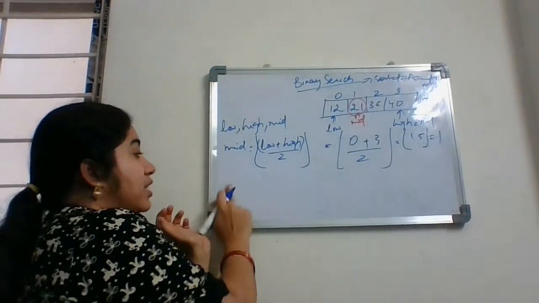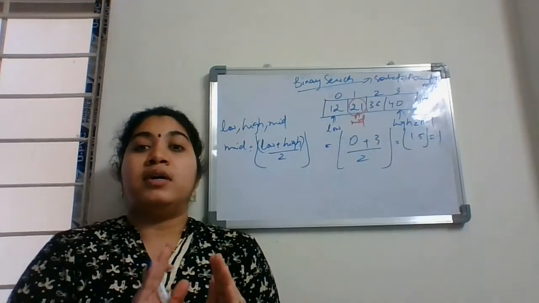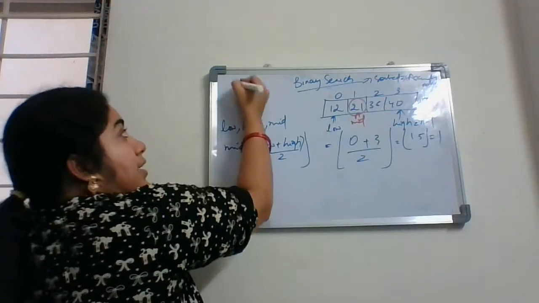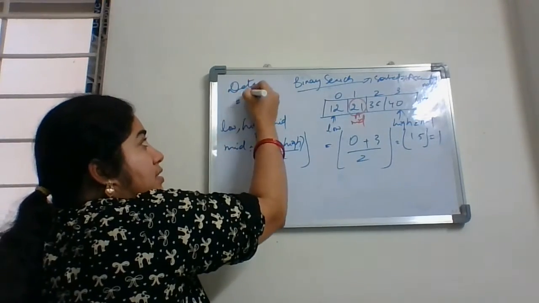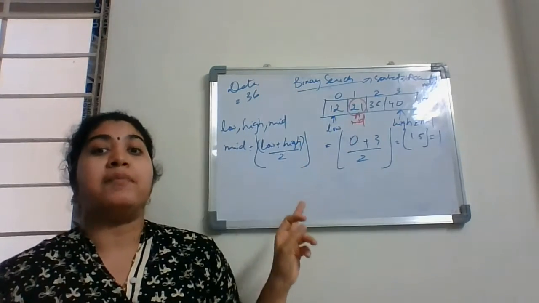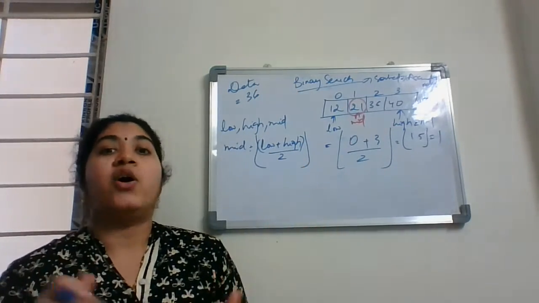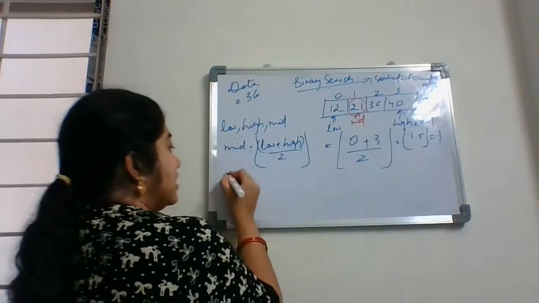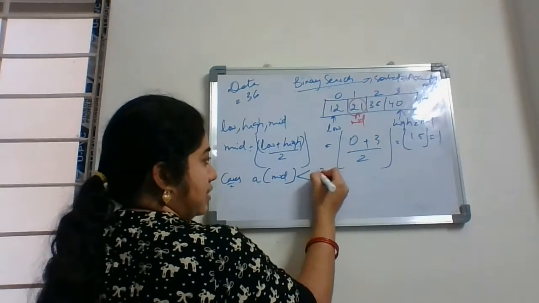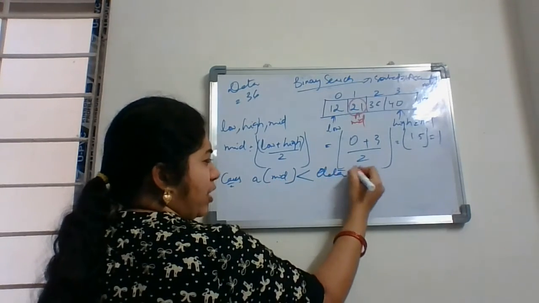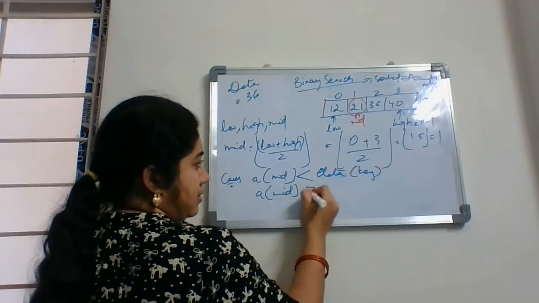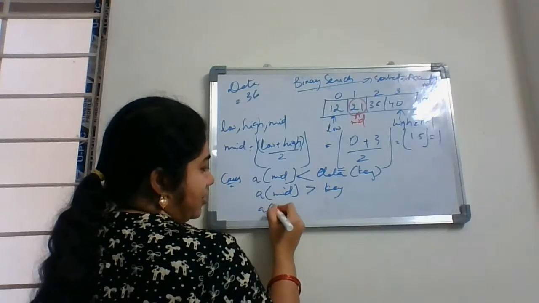Now what we have to see is how, with the help of the mid element, we can divide an array. Let's suppose the element I am going to search is 36. I need to compare the mid element with the data I am going to search for, whether they are equal, lesser than or greater than. There are 3 cases: the mid element is less than the data you search, which you can call the key, or the mid element is greater than the key, or it equals the key.